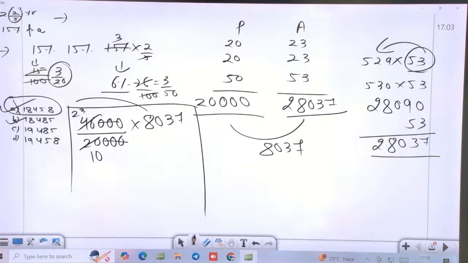Find the sum. Question is of CGL 2021. Find the sum. Now we have CI and SI together.